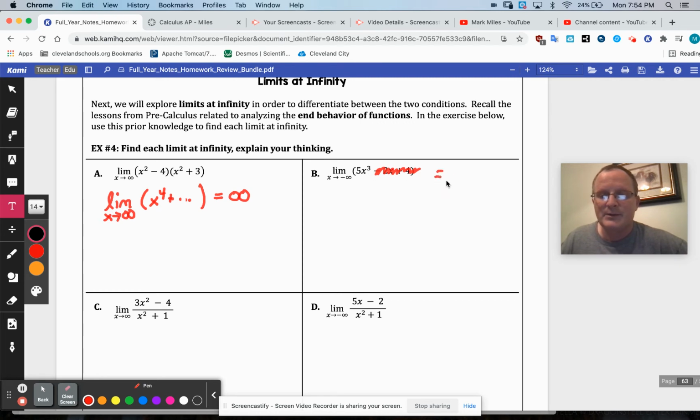So this one is going to go to negative infinity. So it's not only what you're substituting into, but which side you're approaching. You really have to pay close attention to, am I going left or right? And then what is the behavior of this particular thing?